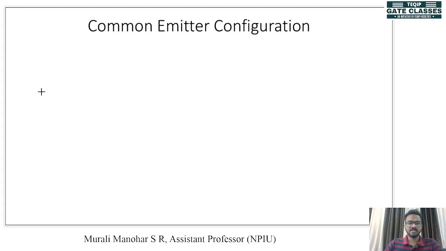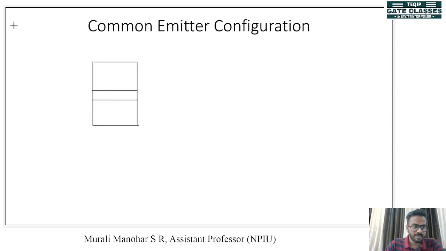So next is common emitter configuration. So we have our BJT here, the PNP type BJT. This is the collector, base and emitter. Now emitter is common to both input and output. We are giving the supply here.